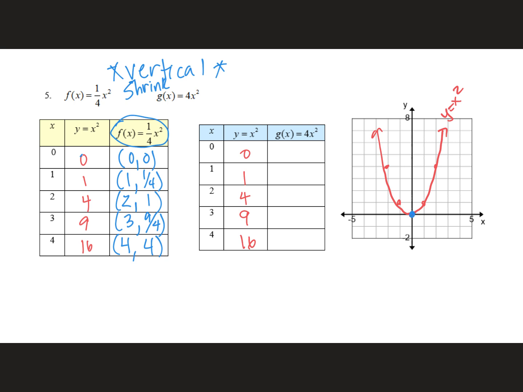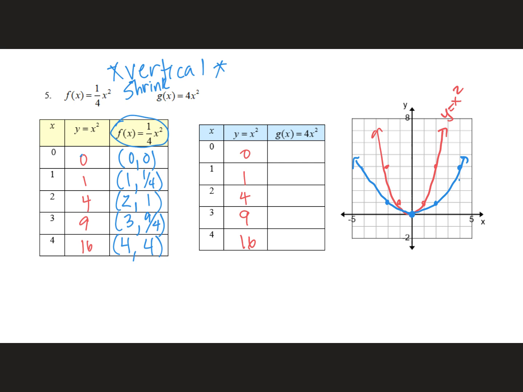So I still got 0, 0. But 2 is at 1, and 4 is at 4. So you've got this parabola that's really wide because we have shrunk it vertically. So we've pushed it away from the y-axis.